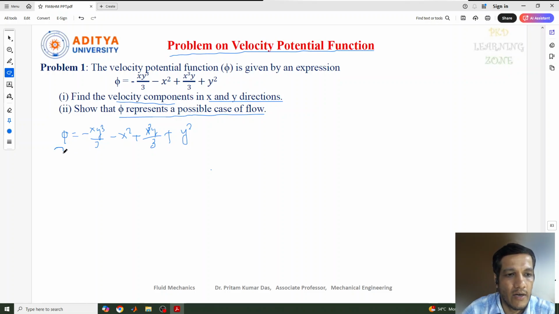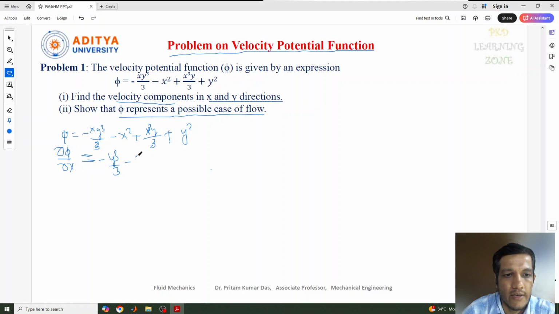So first, I know that del phi by del x, I'll do this for this particular equation. Then del phi by del x gives y cube by 3 as usual, the derivative of this function. So x becomes 1, and y cube by 3 is constant, so it comes out.